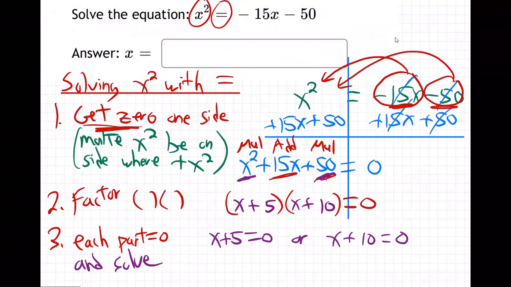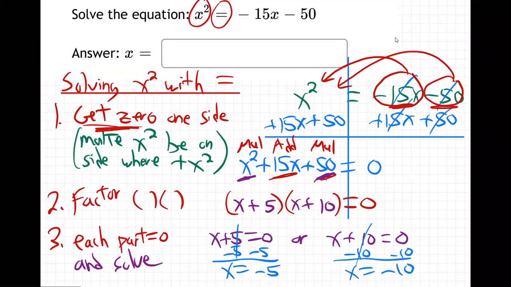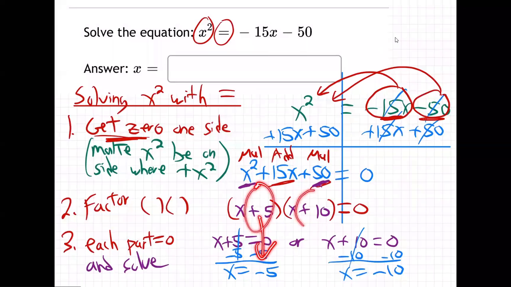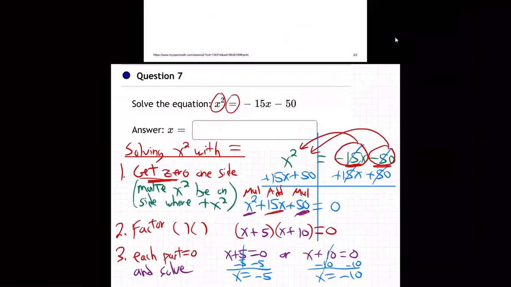You go minus 5, cancels, x is -5. And then -10. If you want to save time, it's always just going to be the opposite sign from what it was in the parentheses. +5 becomes -5, +10 becomes -10. That'll always happen.